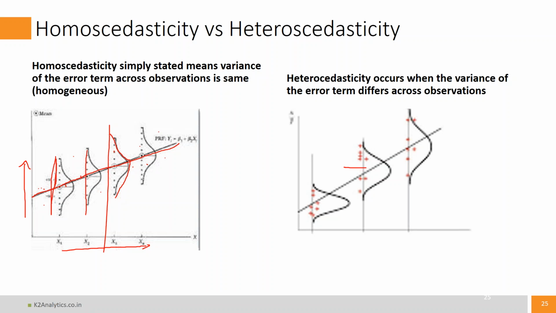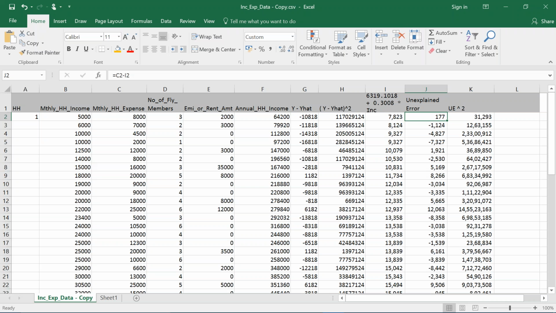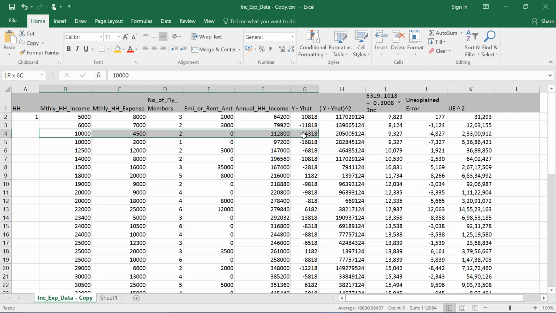See, variance is X minus X bar the whole square divided by N. If I take all the error terms in that Excel, can I compute variance? I can compute variance. If I cut this data for all values of X which is 10,000, can I get all the error terms?